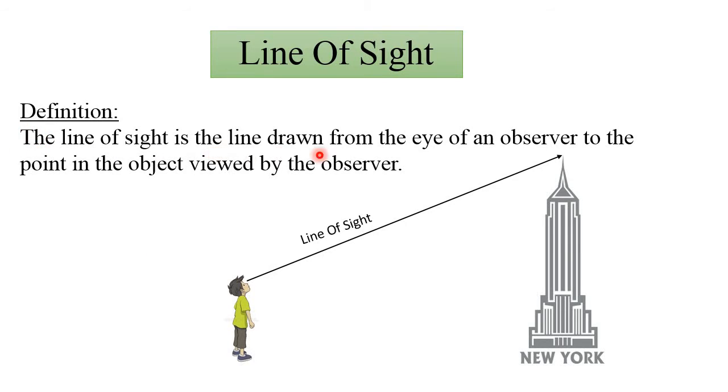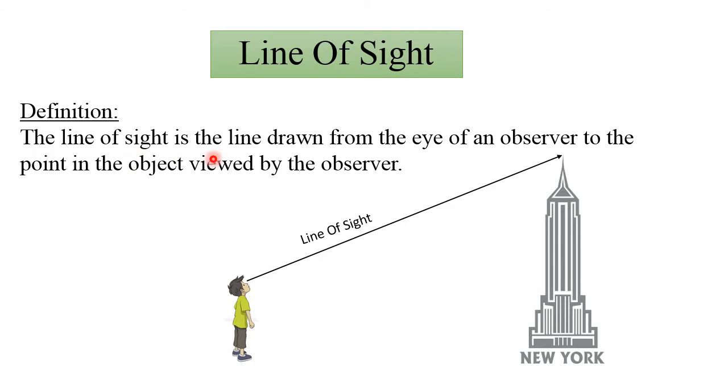The line of sight is the line drawn from the eye of an observer to the point of an object viewed by the observer. So the tower is the object, and when the observer observes something, the line is the straight line from the observer's eye to the point of an object.